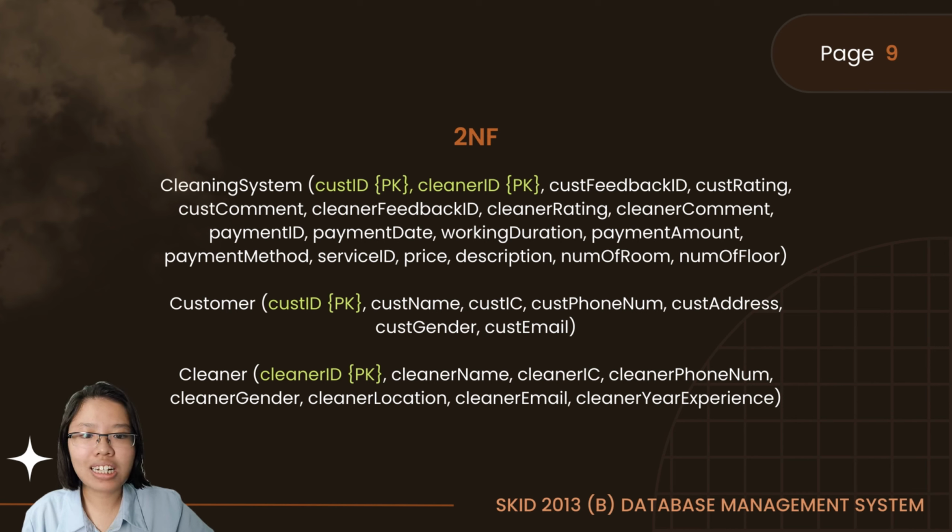Here, we set the cash ID as the primary key and take out the cash name, cash IC, cash phone number, cash address, cash gender, and cash email from the cleaning system to a new relation named customer. Moreover, we also set the cleaner ID as the primary key and take out cleaner name, cleaner IC, cleaner phone number, cleaner gender, cleaner location, cleaner email, and cleaner year experience from the cleaning system to a new relation named cleaner.